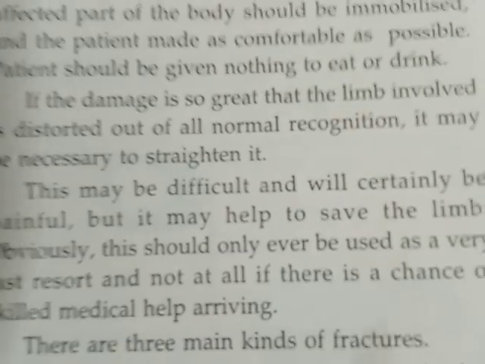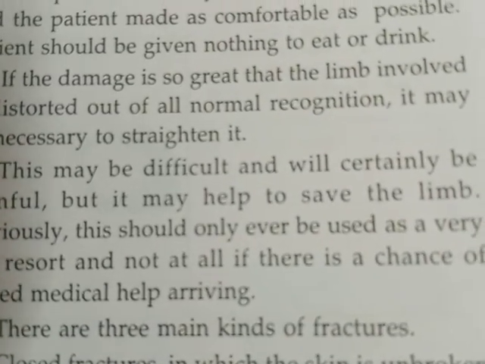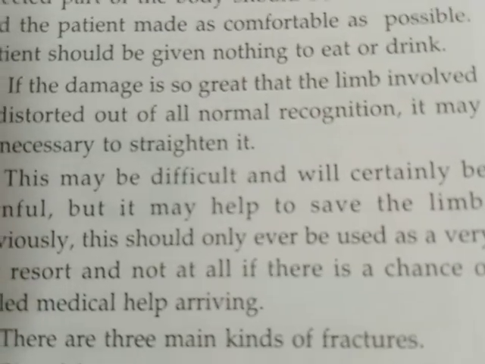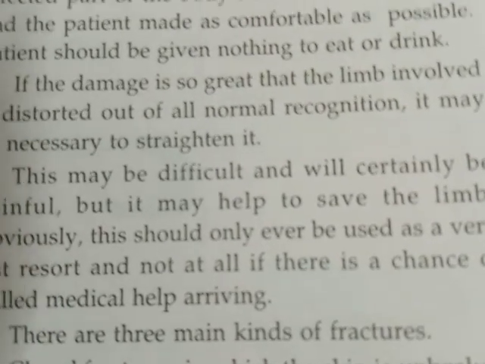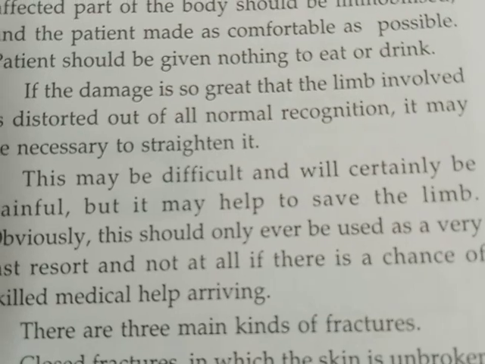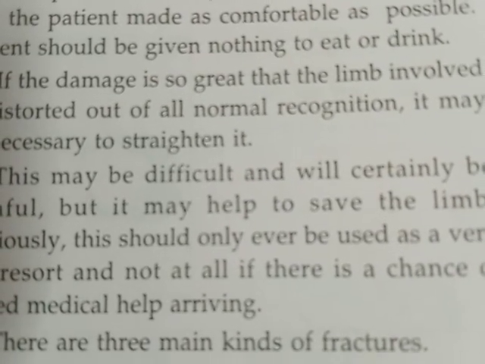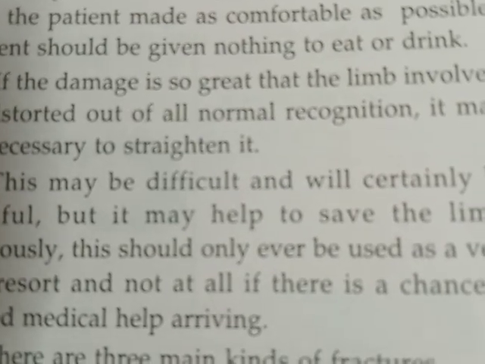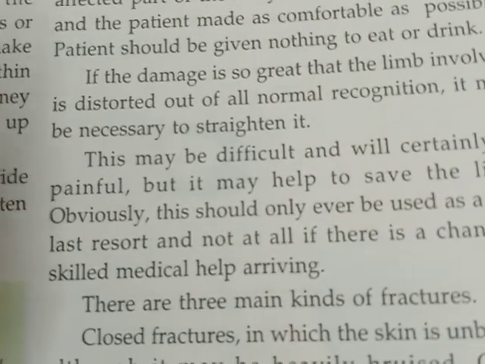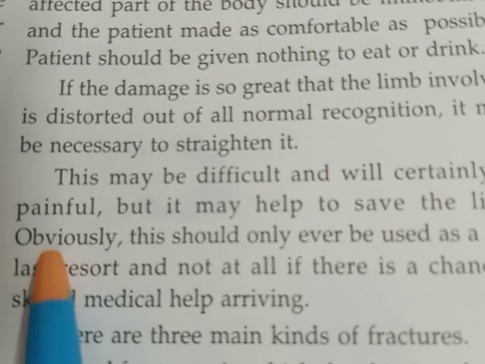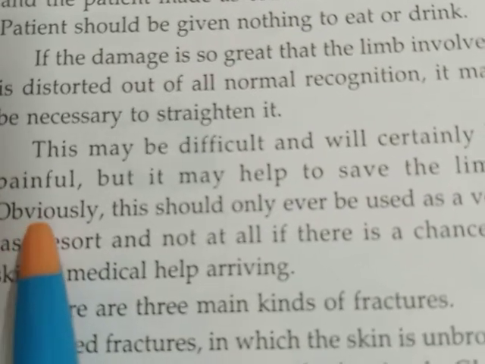And see children, if we want to save that limb or any other part of the body whose shape has changed, or who is distorted, twisted, has become out of shape, that should be brought to its normal position. So in doing so, this process is very, very painful, but it will help to save the particular limb.